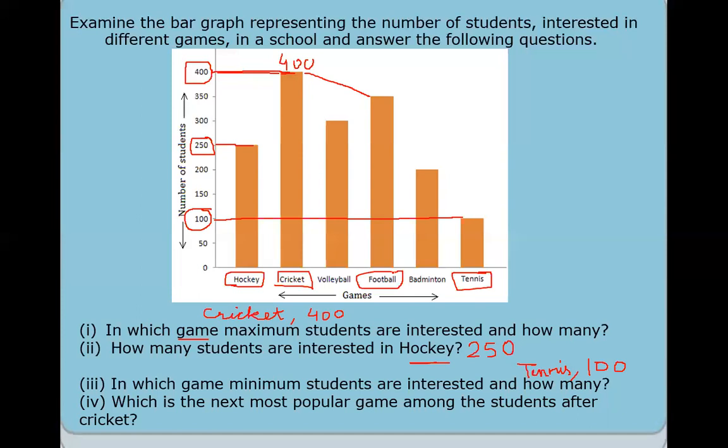So we will write our answer, football, and then draw horizontally along the length to get the numerical value, the number of children. After cricket, there are 350 children who like football.